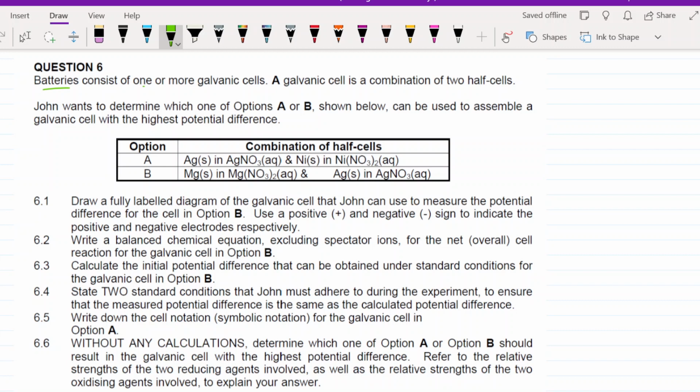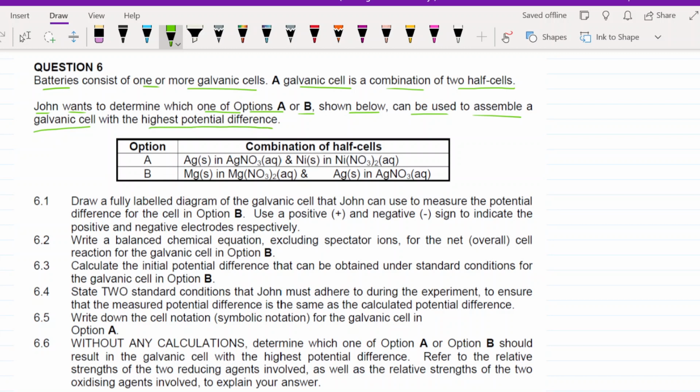batteries consist of one or more galvanic cells. A galvanic cell is a combination of two half cells. So they said John wants to determine which one of the option A or B shown below can be used to assemble a galvanic cell with the highest potential difference.